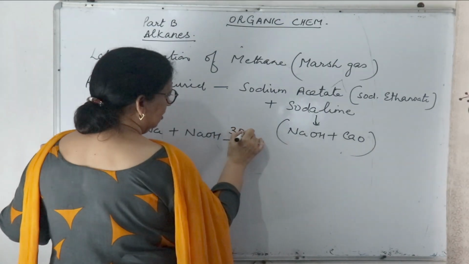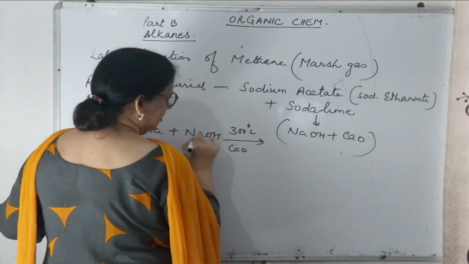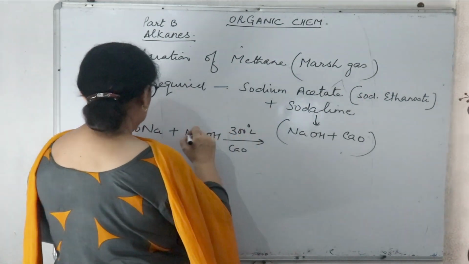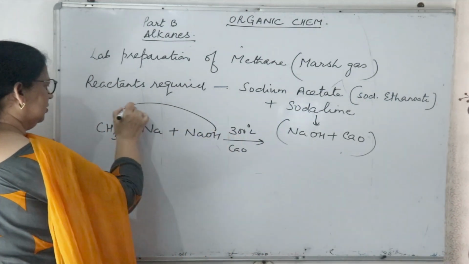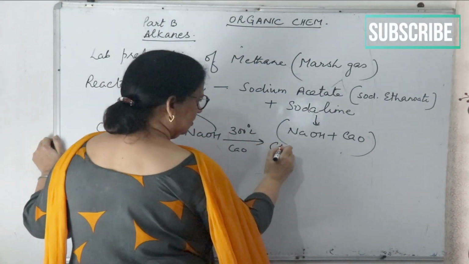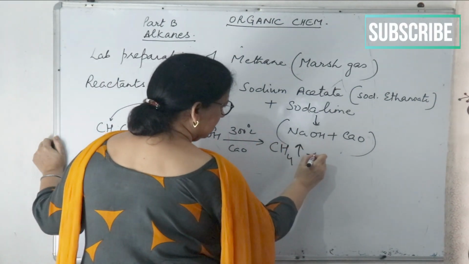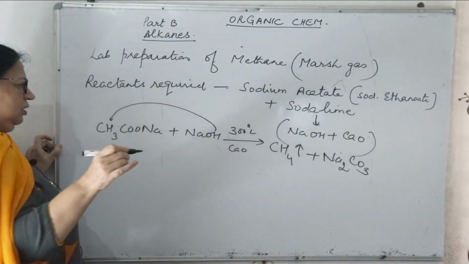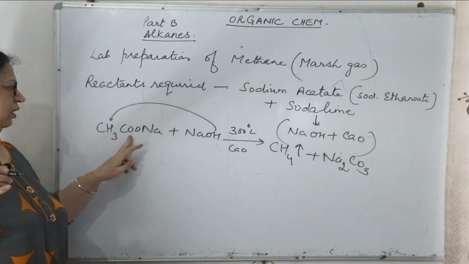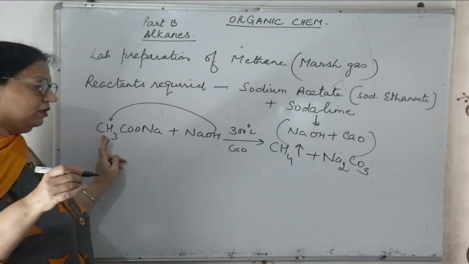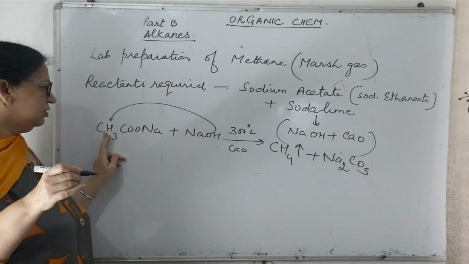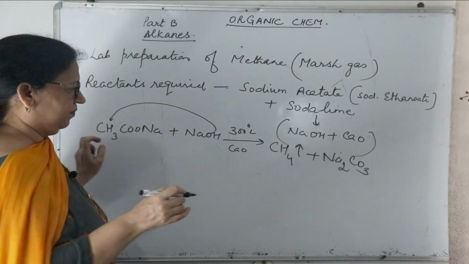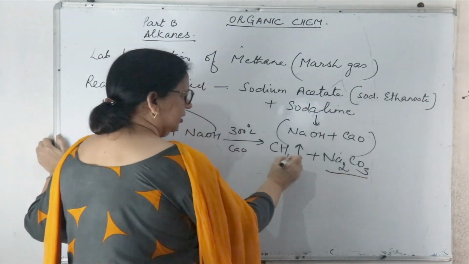The temperature given is 300 degrees Celsius, and CaO acts as a catalyst to speed up the rate of reaction. What will happen? This H will join with the CH3 and form CH4 plus Na2CO3. H makes the bond with CH3, and what is left is Na2CO3.